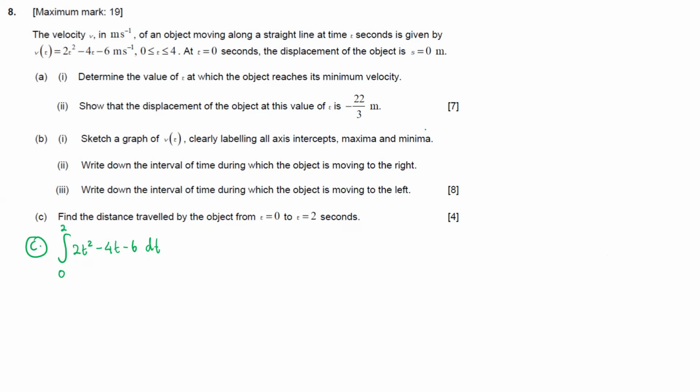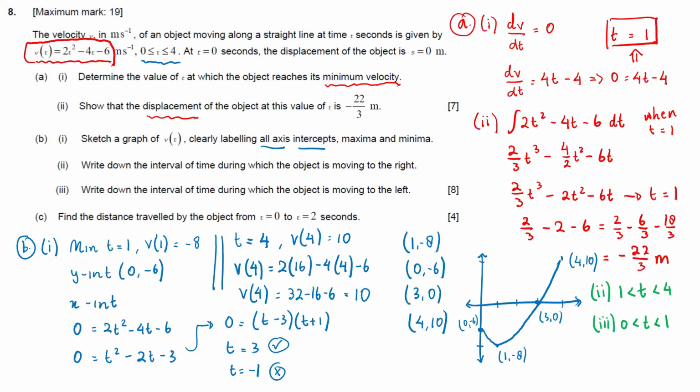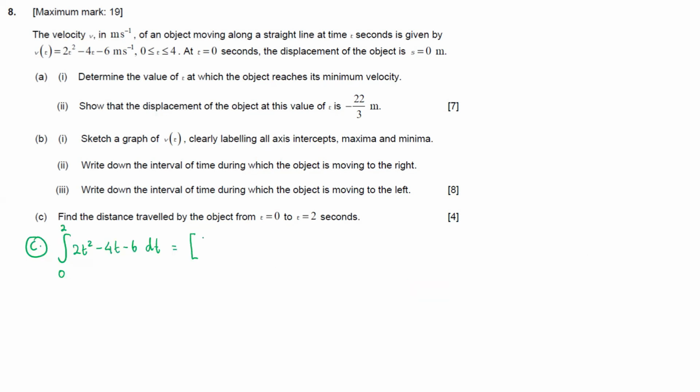So in this case, let's use the previous one: 2 over 3 t cubed minus 2t squared minus 6t. Now we want to have it between 0 and 2, so let's substitute.